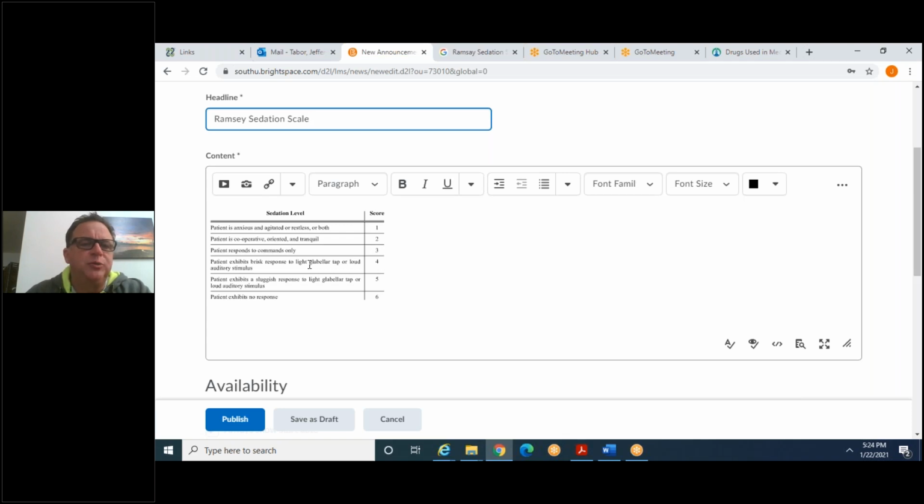That means you would sedate them to the point that they could respond to commands only. If you have them at a sedation level of 6, that's deep sedation, to where the patient is not able to exhibit a response. So again, the Ramsey Sedation Scale is a way to objectively look at levels of sedation for patients who are ventilated.